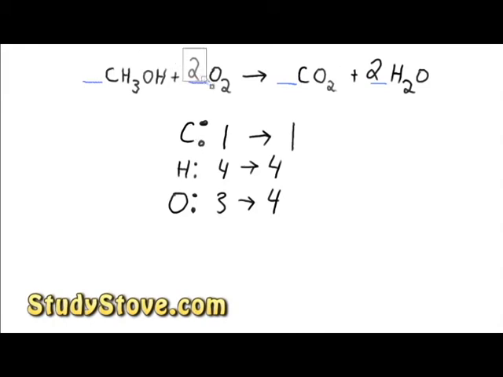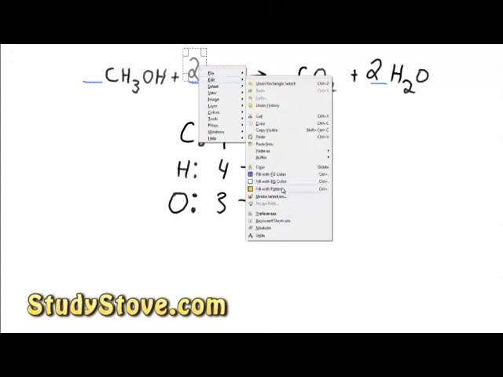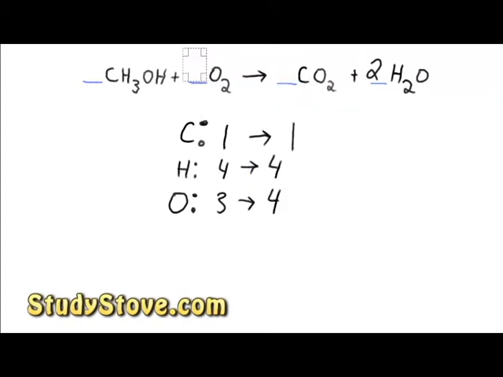What we have to do is actually use fractions, and I'll show you an easier way to think about this. This subscript 2 makes it a little bit harder to think about. So you can think about this O2 as more or less the same thing as having 2 oxygens.